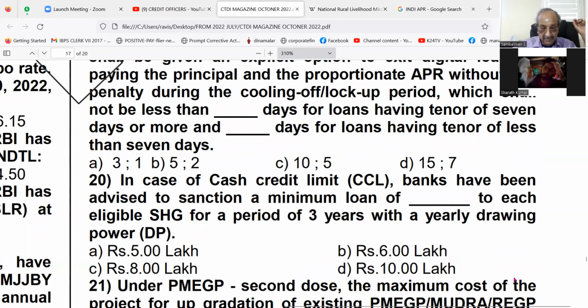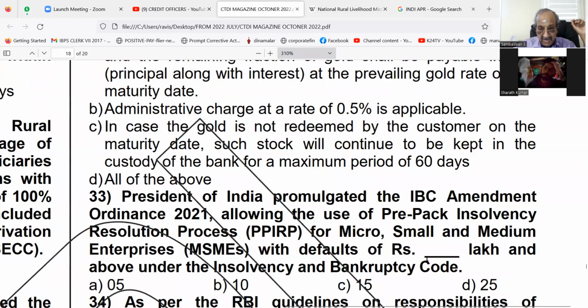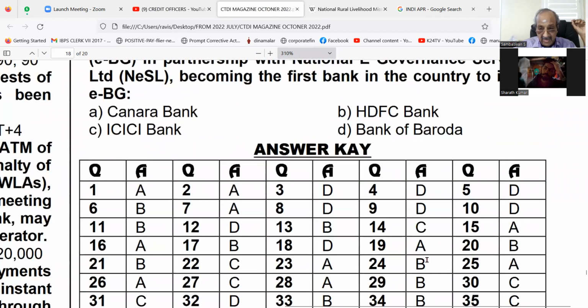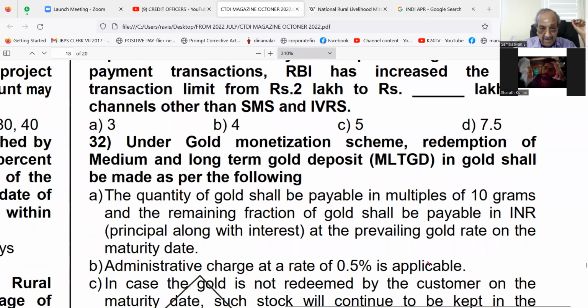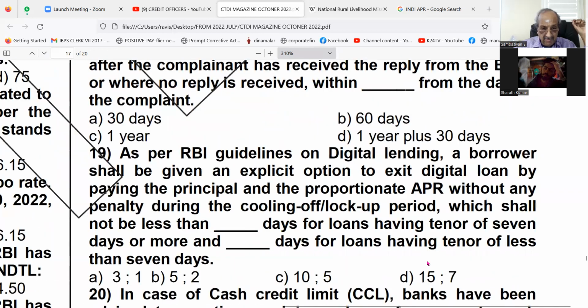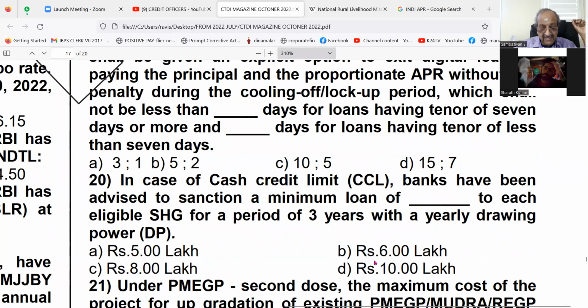Now 20. In case of cash credit limit (CCL), banks have been advised to sanction a minimum loan of dash to each eligible self-help group for a period of 3 years with a yearly drawing power. The answer is B, 6 lakh.